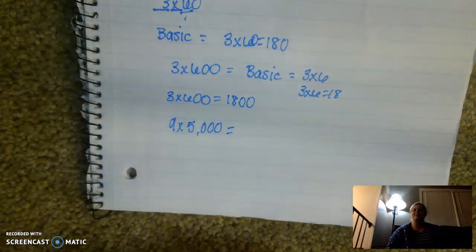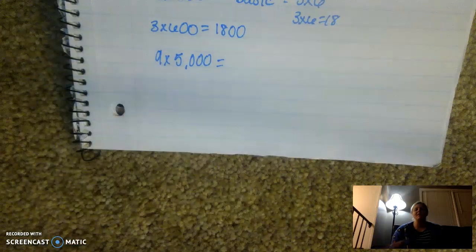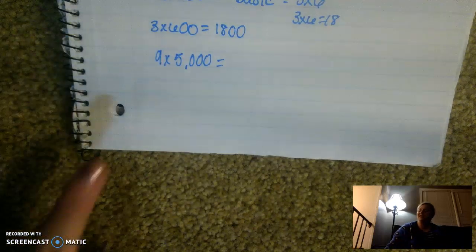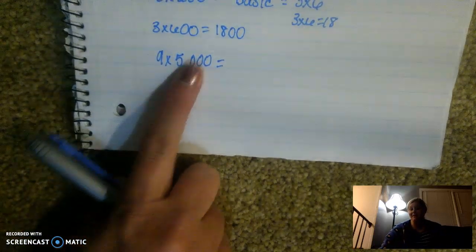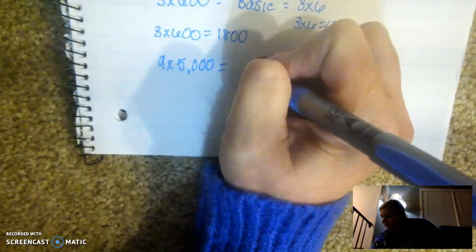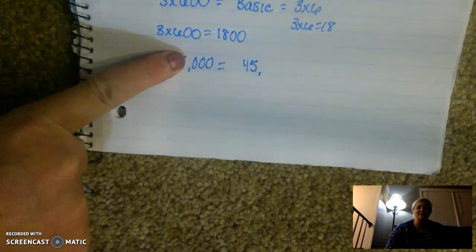Looking at 9 times 5,000, what do you think the first thing to do is? I need to look at my basic fact. So I'm looking at 9 times 5. That gives me 45. And how many zeros do I have at the end?